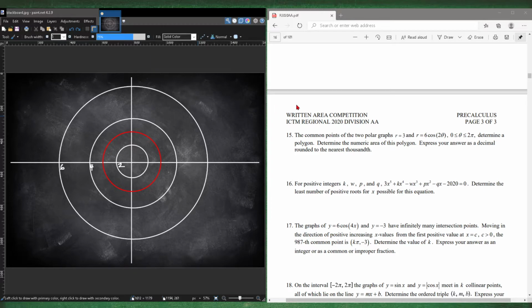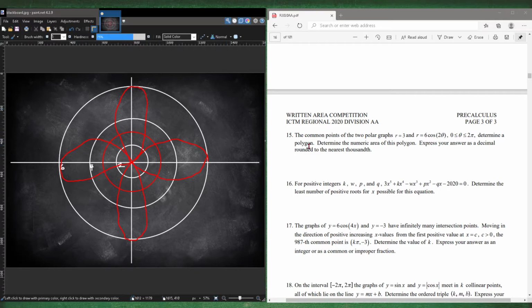I'm really bad at drawing this, but how it should be drawn is something like this, and then go from here, go around, then from here, go around, like that. So we have something like this.